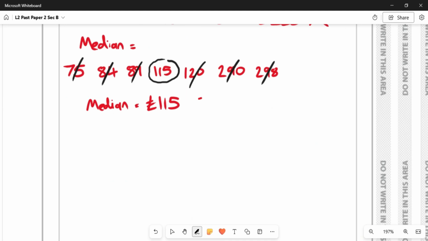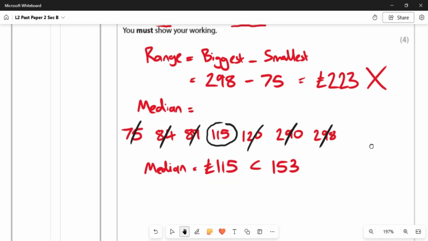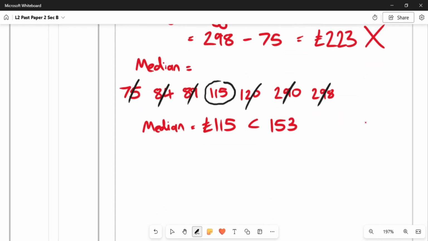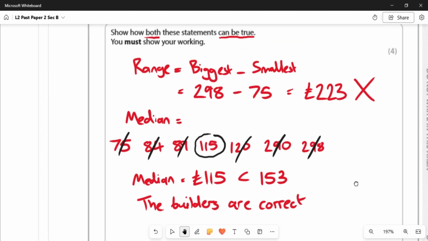So therefore, that means the builders are correct. If you use the median, the builders are correct. So there's your proof that the builders are correct.